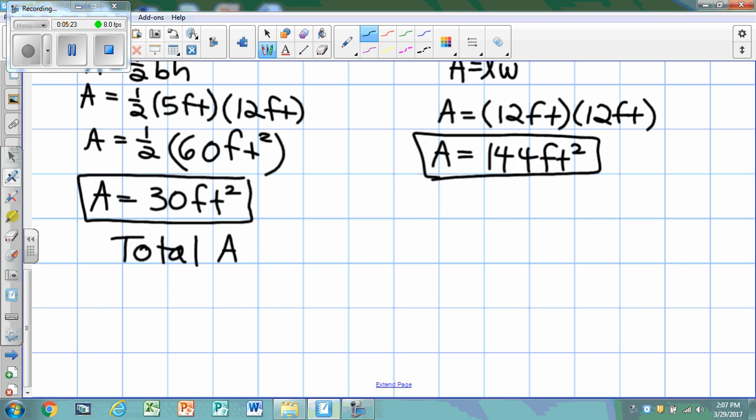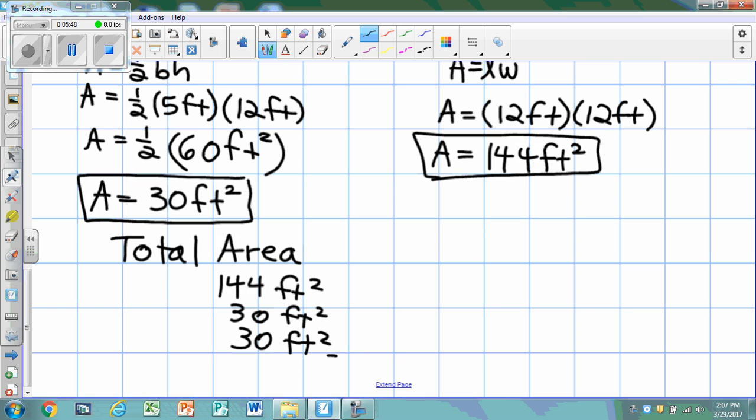You have to multiply the area of the triangle times 2 and then add the area of the square. Okay, I can definitely do that. Multiply the area of the triangles times 2 and then add the square, but I could also just write 144 feet squared plus 30 feet squared plus 30 feet squared.